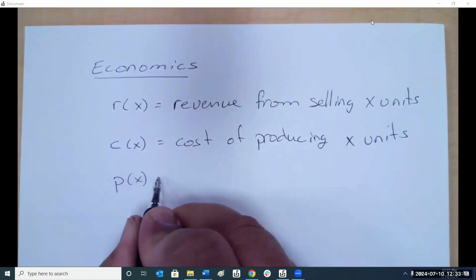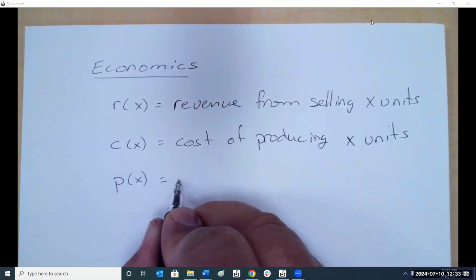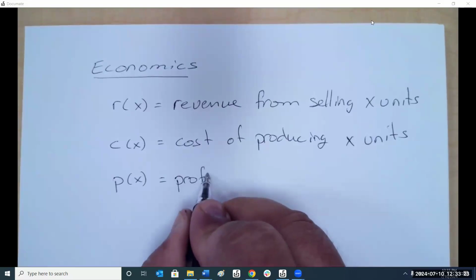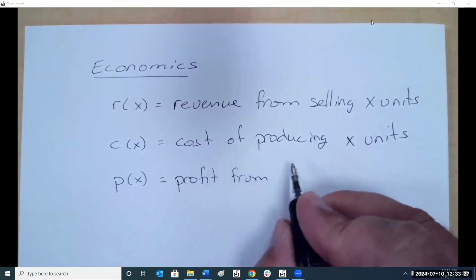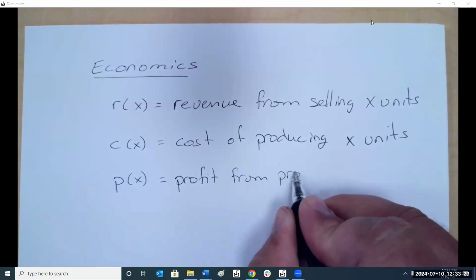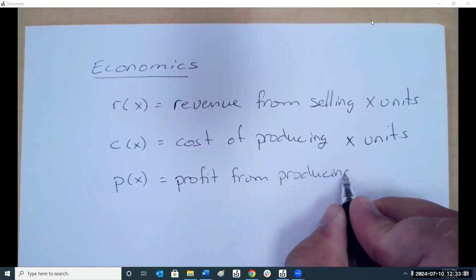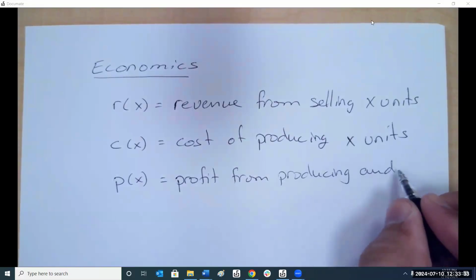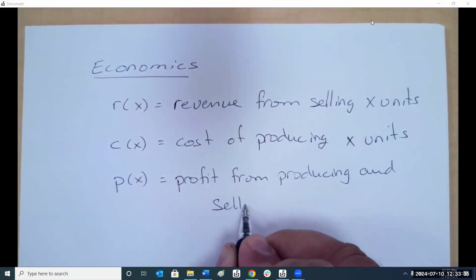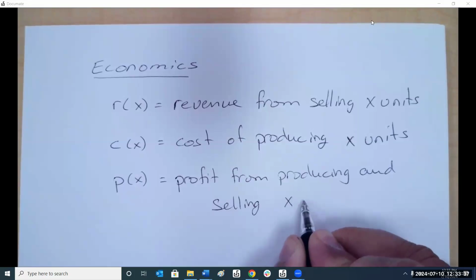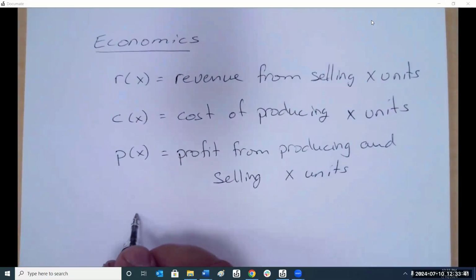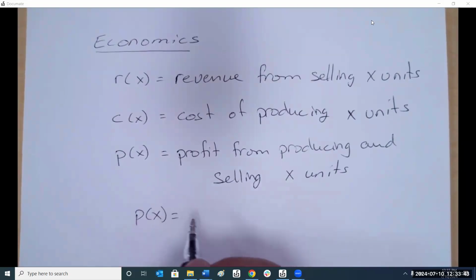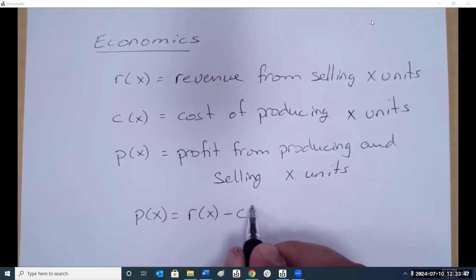P of x is the profit from producing and selling x units. P of x is the revenue, how much money you got, minus how much money it cost.